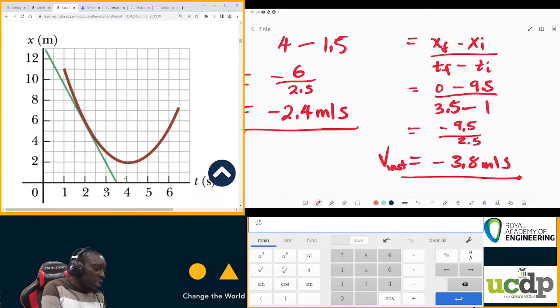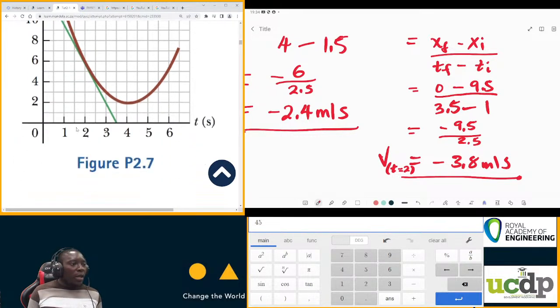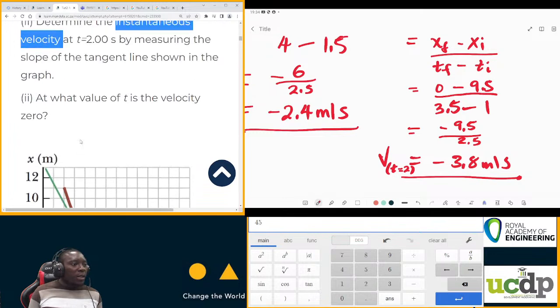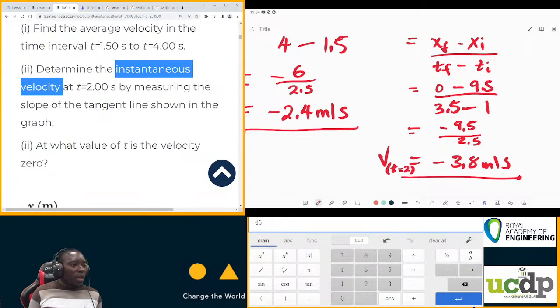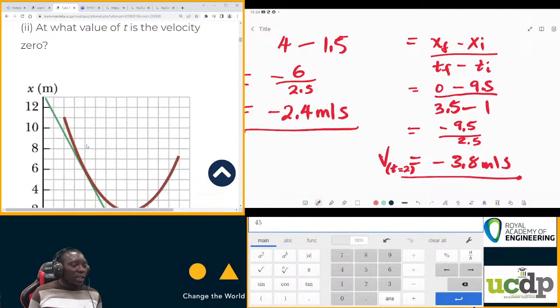We can call it V instantaneous, or V at t equals 2. That's the instantaneous velocity, negative 3.8 meters per second.